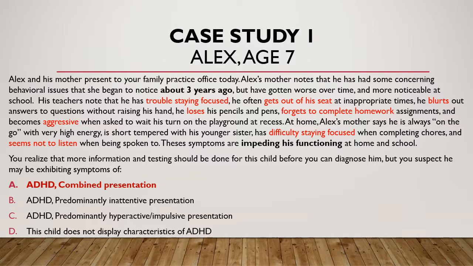He's blurting out. He's aggressive. Difficulty staying focused. It's almost like he's not listening when being spoken to. These are symptoms of both inattention and hyperactive impulsive behavior. So we're going to need to have his mother and some employees at school fill out some of those diagnostic tests, but we're thinking he may have a combined presentation.